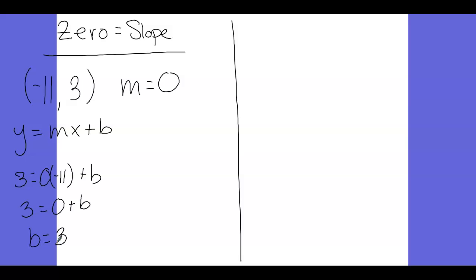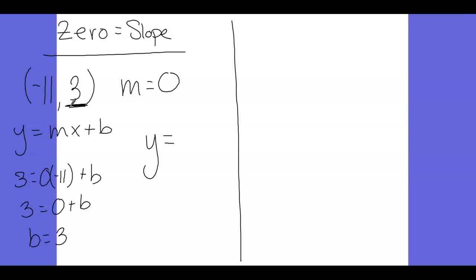Okay, so when you have a slope of 0, you notice that 3 is the what value? It's the y value. So when you have a slope of 0, your equation is just going to be y equals whatever this y value is. So there's not really a lot of calculating on it. You can do it this way and you'll get 3.